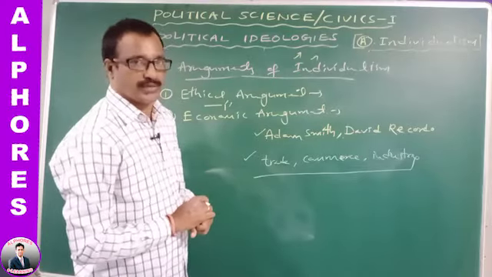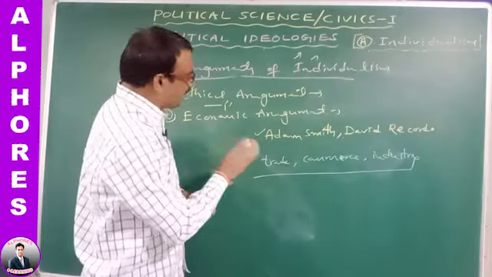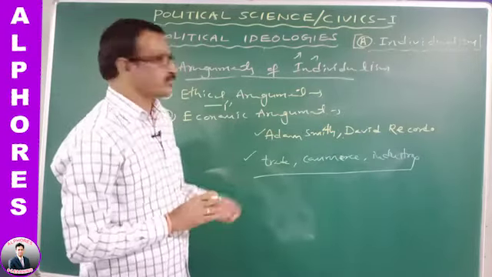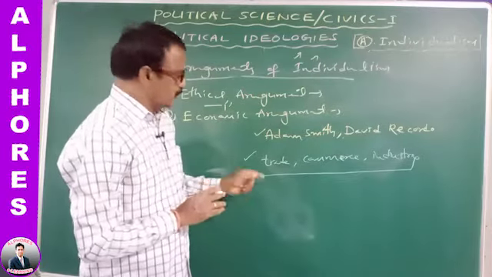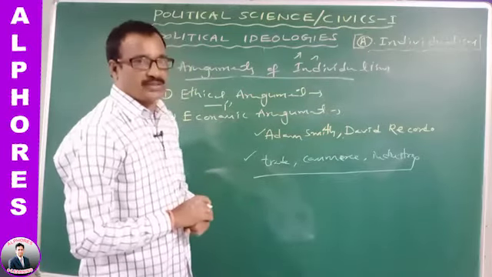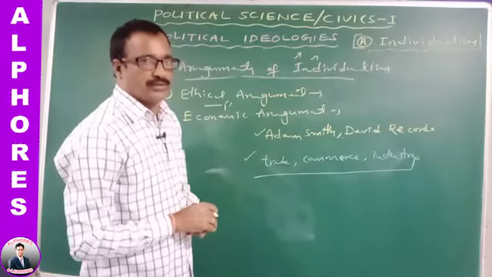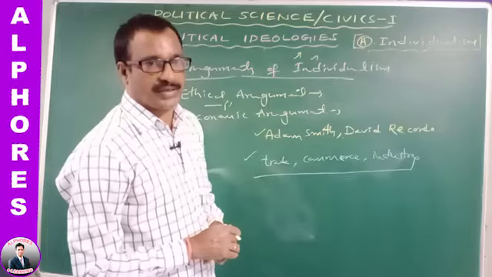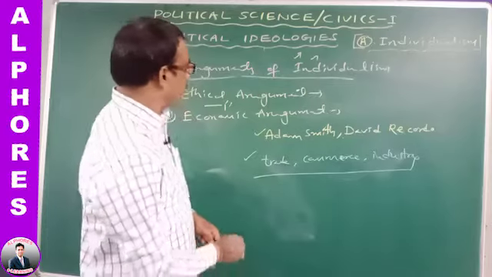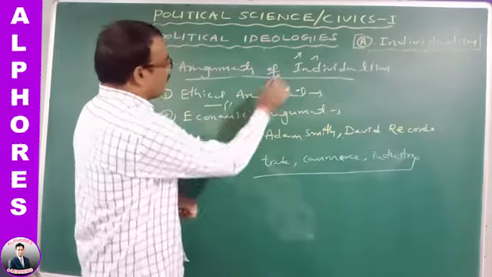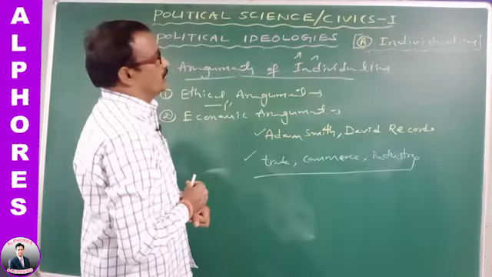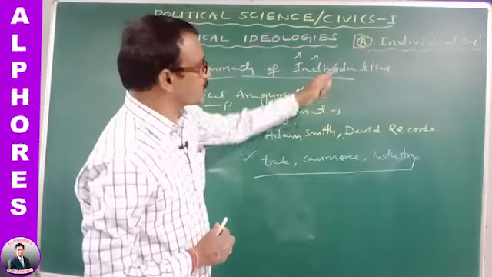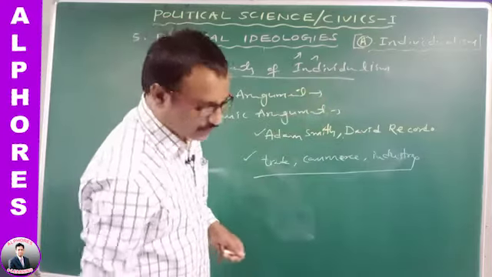If the state interferes in the economic activities of the individuals, then like morally, the individual will lose all his incentives in economic activities. And individualism leads to free competition in the market.